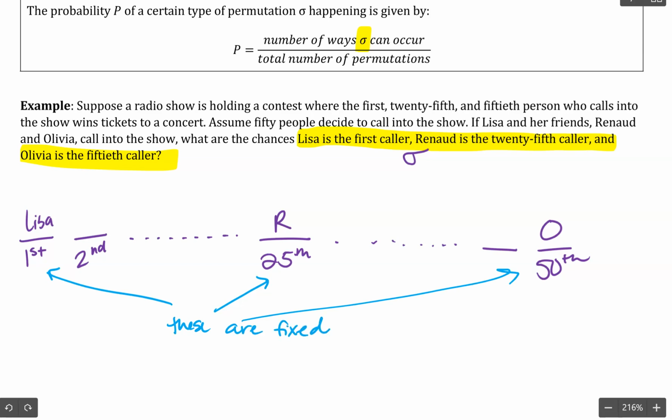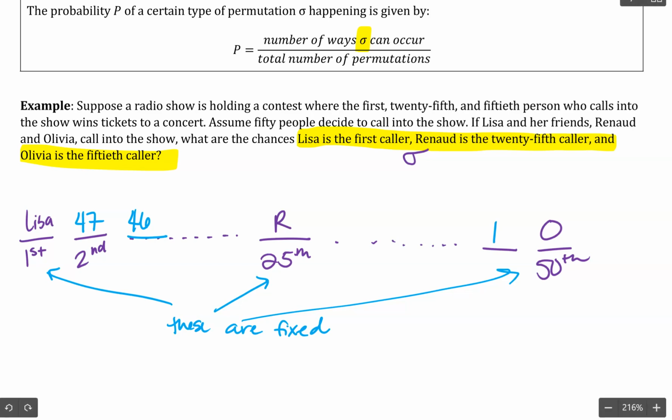Okay, so we have all these other places that people can fill in. We're told that 50 people call into the radio. So how many different options do we have for who can call in second? We have 47. What about who can call in third? We have 46. Down, down, down, and you can see the pattern happening. And then how many options do we have for who will call in 49th?